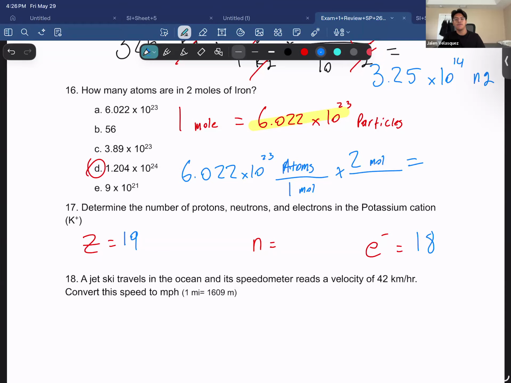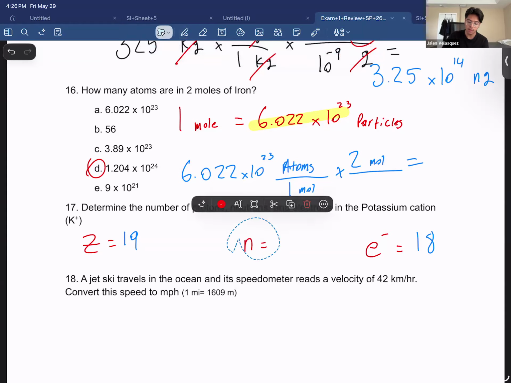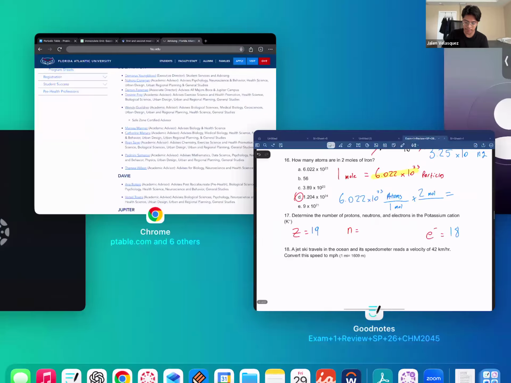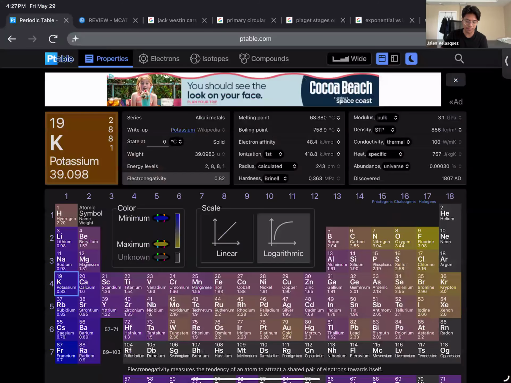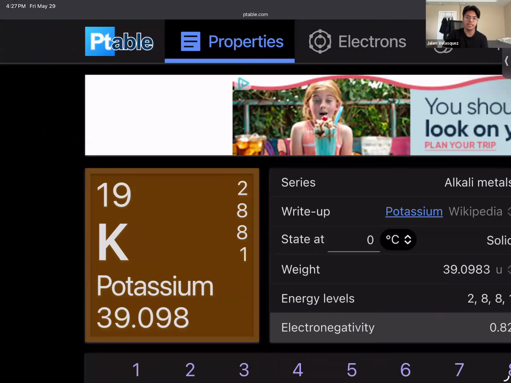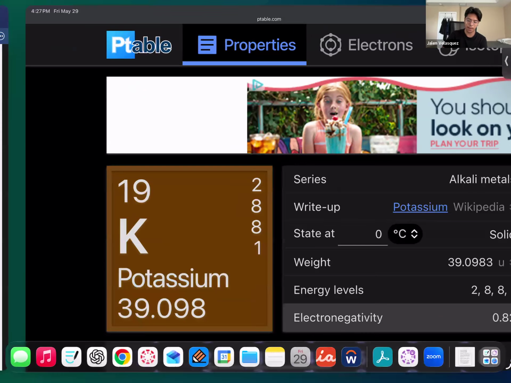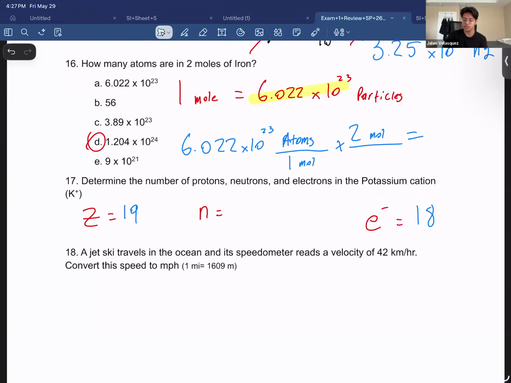Finally, for the number of neutrons, there is nothing on the periodic table that tells us that. We have to do a little bit of math to figure that out. On the periodic table, we have again the 19, which was the atomic number, the number of protons, and we also have the mass number, which is 39. Something you should know is that protons and neutrons have a mass of 1 AMU, whereas electrons' mass is so small, we say it's negligible.